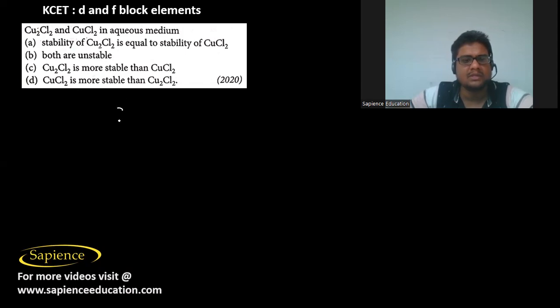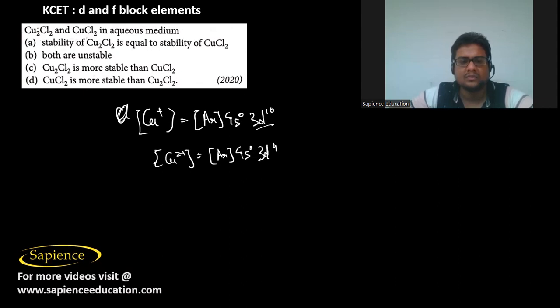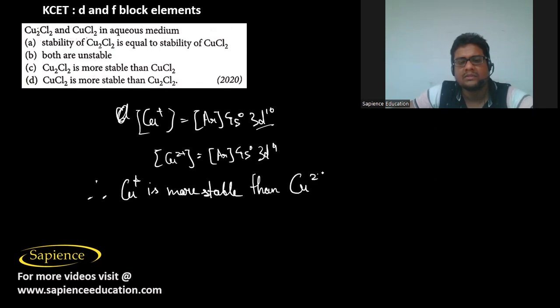Both are unstable, but the rule is that Cu plus has electronic configuration argon 4s0 3d10, and the configuration of Cu2 plus ion is argon 4s0 3d9. So it means that 3d10 has got a fully filled electronic configuration. So therefore Cu plus ion is more stable than Cu2 plus ion.